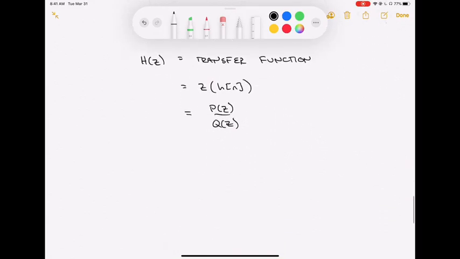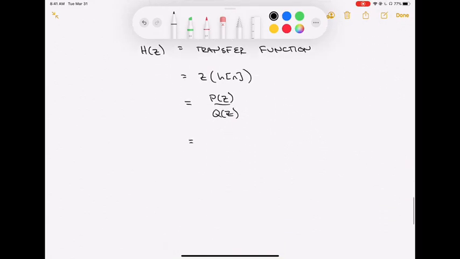So I could also get H of z as being the zero state response output's transform over the input transform X of z. So lots of different ways of getting this H of z. Probably for us, the simplest is P of z over Q of z. We usually have direct knowledge of that difference equation, so getting the transfer function H of z is a simple matter.